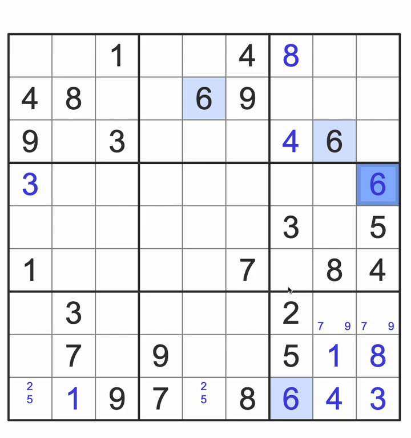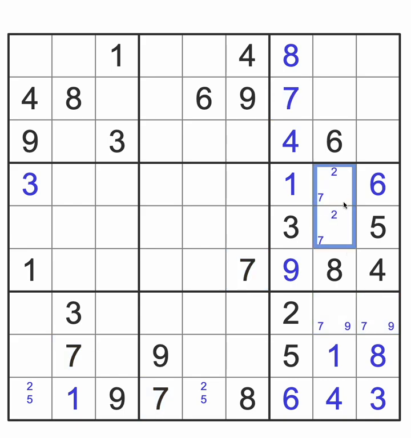And okay, 1 blocks here, 1 blocks these. Gives me 1 here. These are 2, 7, 9. This cell is blocked by 2 and 7. So this is 9. That gives me 7 here.